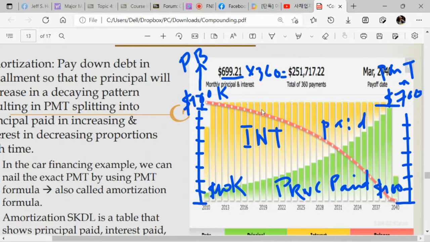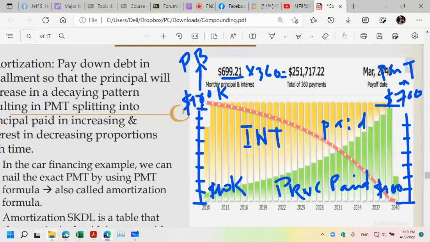I call this decay, but actually the rate is increasing, so it's more like exponential. The reason I called it decay is to associate it with death, like in amortization. But the portion of the payment the principal takes is increasing at an exponential rate.